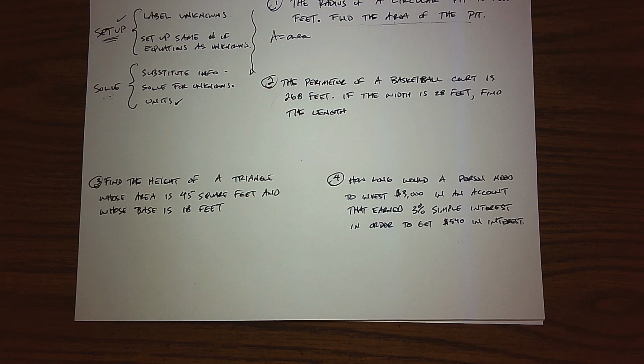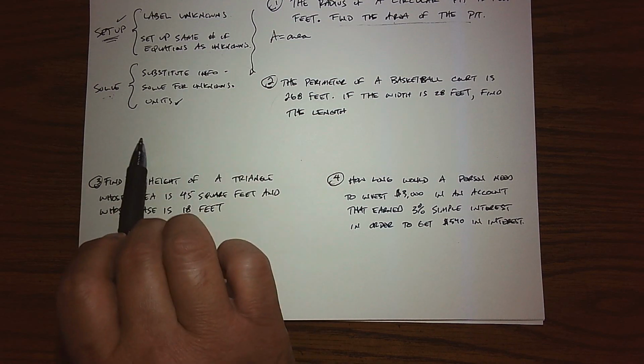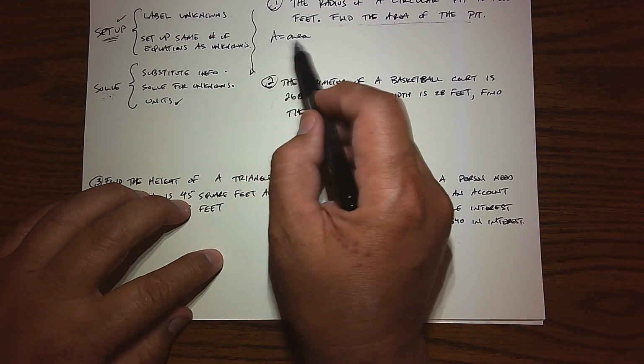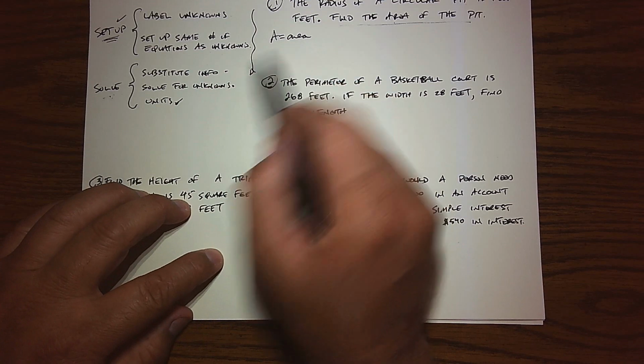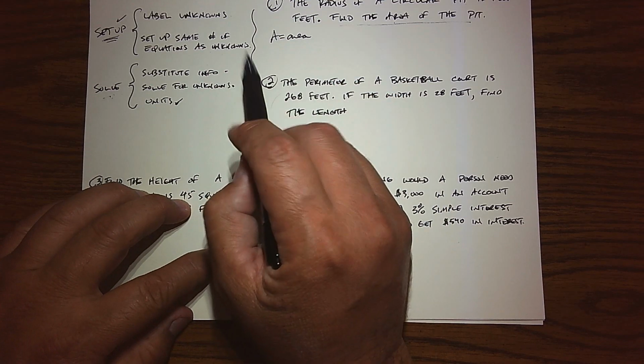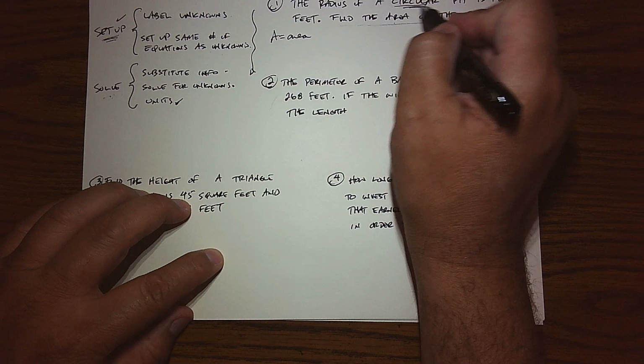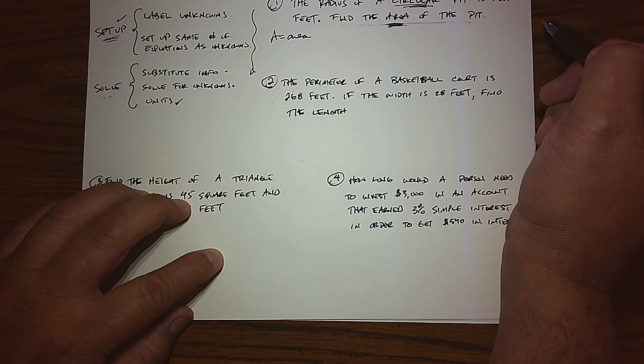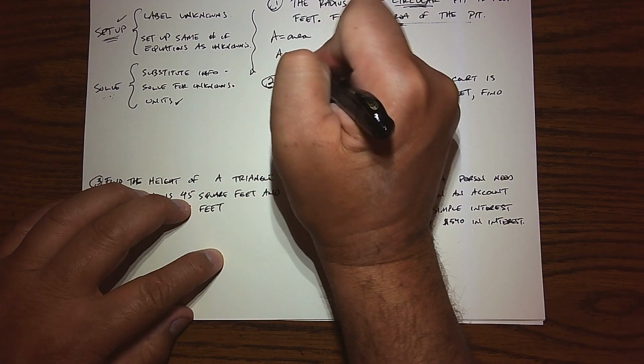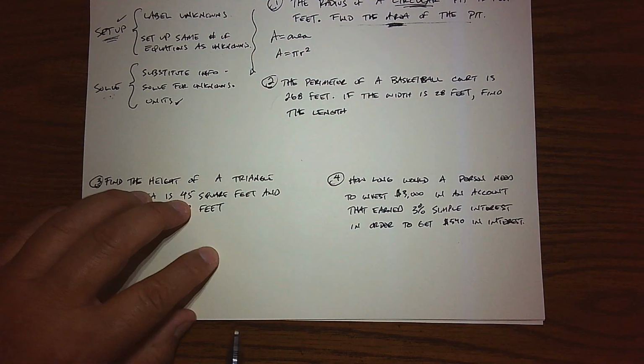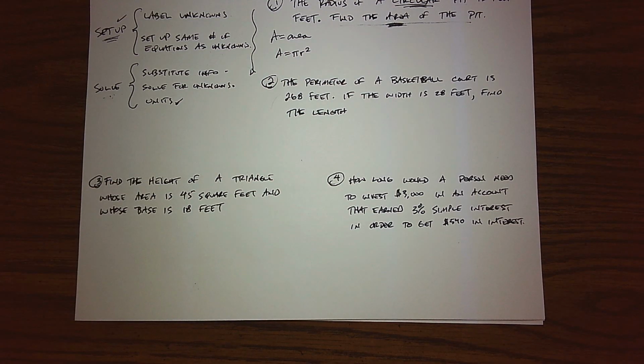The next thing we need to do is set up the same number of equations as unknowns. So I only have one unknown, so there's only one equation. And this is where our formulas kick in. We're talking about a circular pit, and we're talking about its area. So we're going to pull out our famous formula for the area of a circle: A equals pi r squared. So you just did the second part.